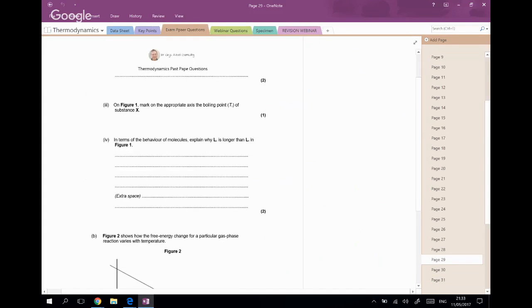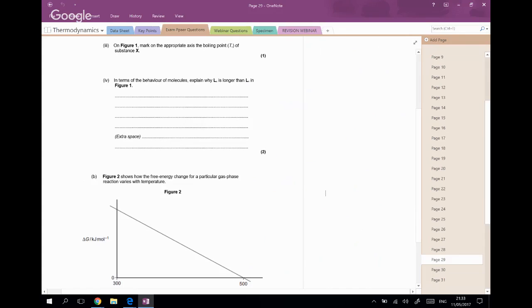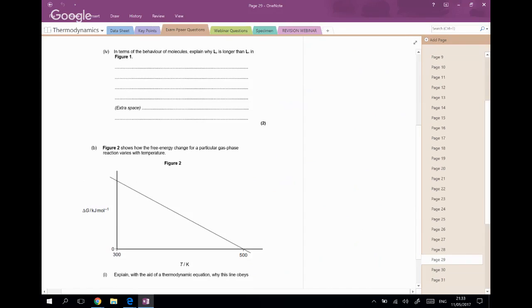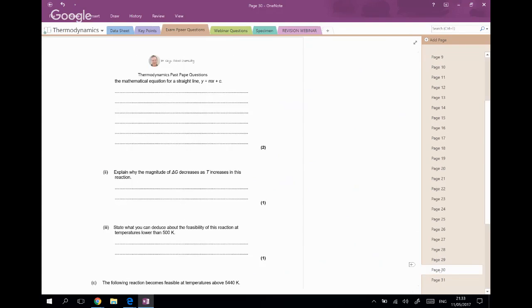Figure 2, I'm not going to go through this now, but question 2 here shows how the free energy change for a particular gas phase reaction varies with temperature. Why the mathematical equation for a straight line, y equals mx plus c.